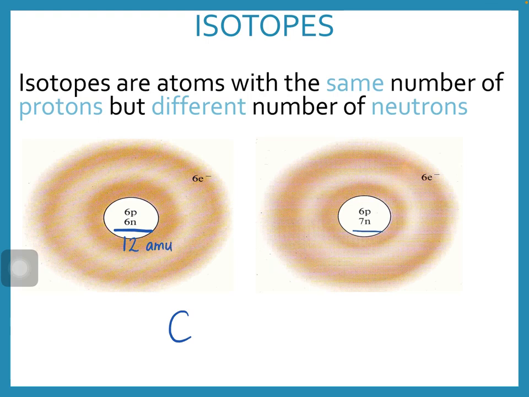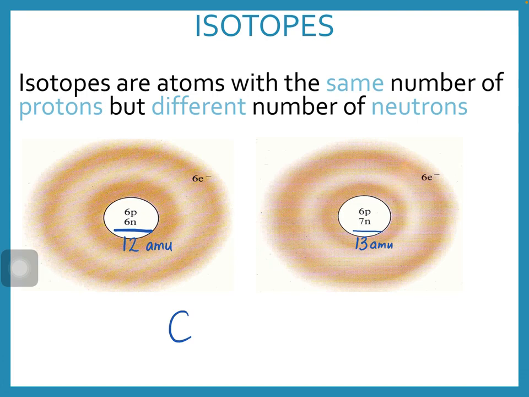And for this carbon atom, we have 6 and 7, so a total of 13 atomic mass units. So the mass of each of those is different. So when we look at the mass that is given to us in the periodic table, it's based on the fact that more than one isotope exists for a particular element.